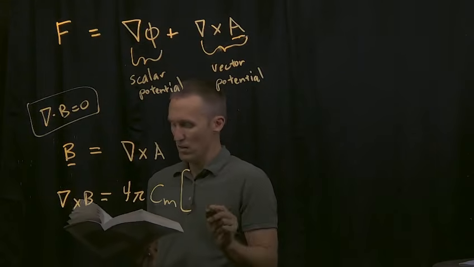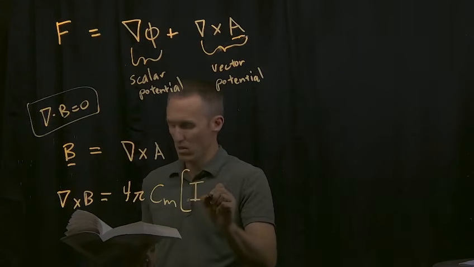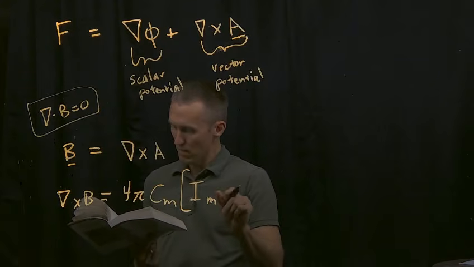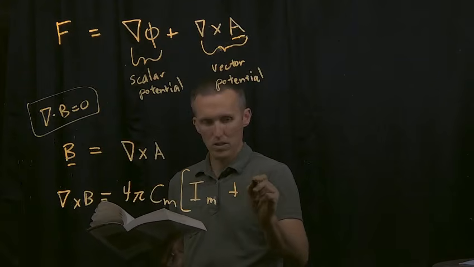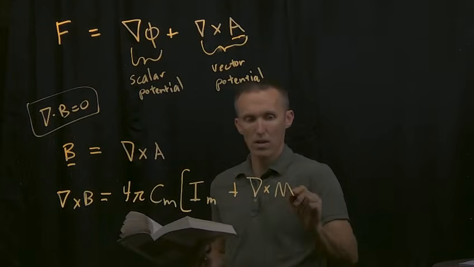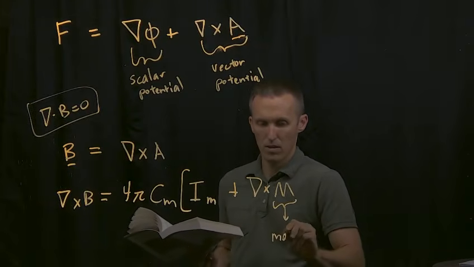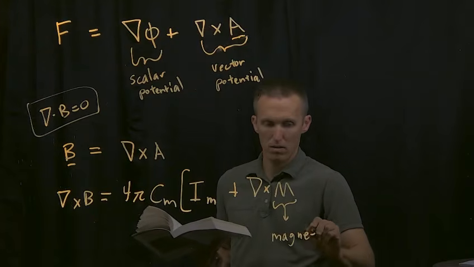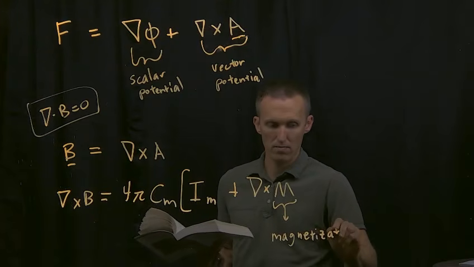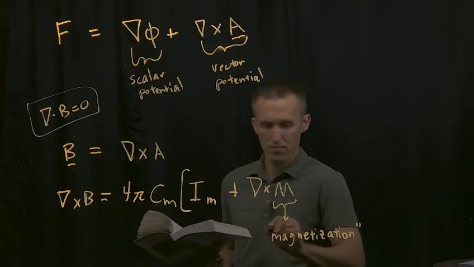And then we're going to have a bunch of currents here. So I've got currents from macroscopic currents plus del cross M. M is going to be a magnetization term. Magnetization. That's a long word.